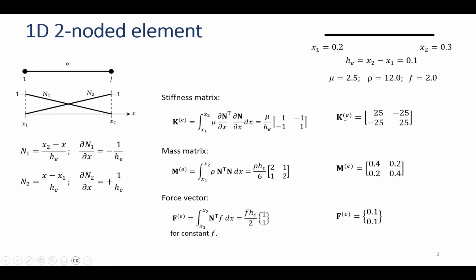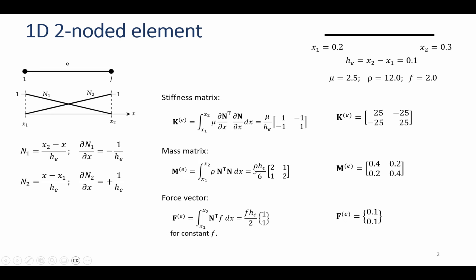So if we substitute these parameters into these expressions, we get the element stiffness matrix, mass matrix, and force vector. Mu is 2.5, h is 0.1, so 25. So 25, minus 25, minus 25, 25.